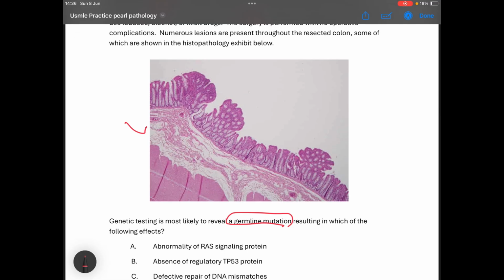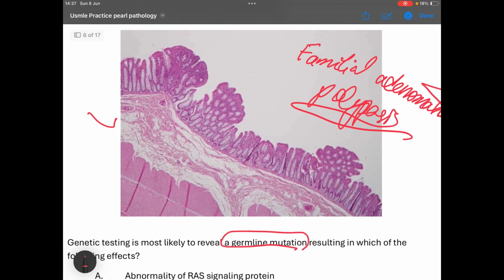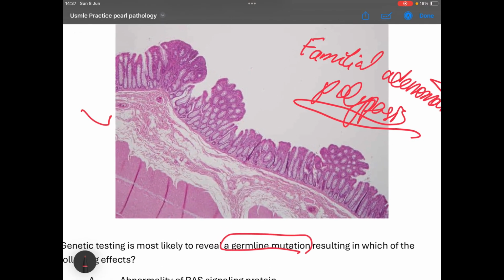That picture belongs to familial adenomatous polyposis. If you check it clearly, there are multiple tubular adenomas.